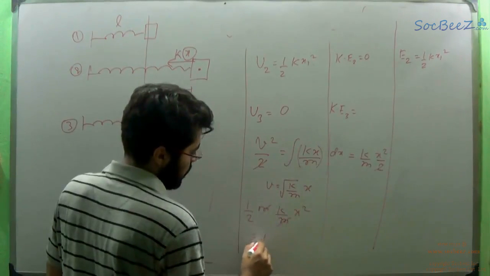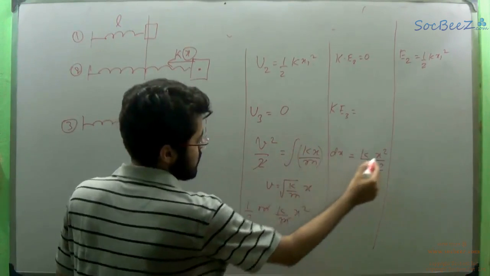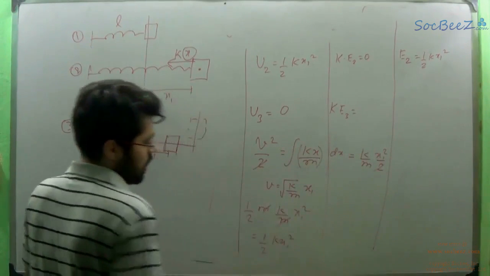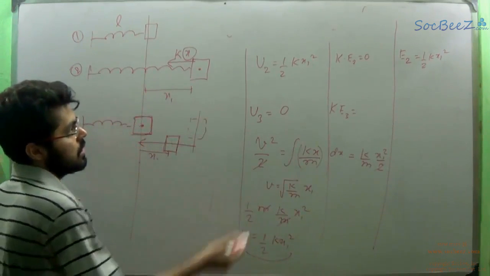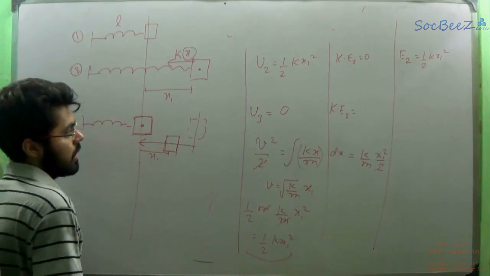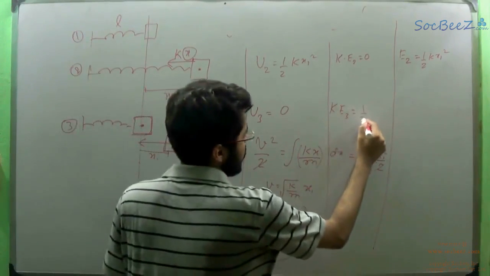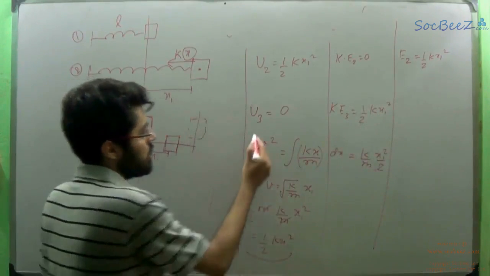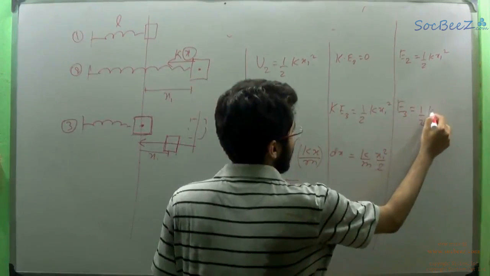Now cancel, we get half kx square. What was the initial x? Limit was x1, it will be just x1. So how nice it is, because what is this? This is nothing but our initial energy. So the magnitude-wise our total kinetic energy here is just half kx1 square. And potential energy is 0, so total energy at third position is also half kx1 square.